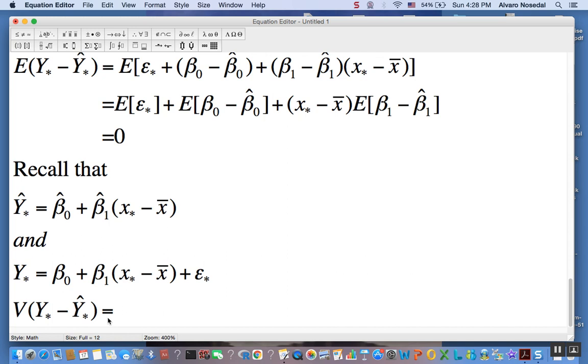So in that case, we have the variance of a sum, basically, right? You have something like this. It's the same as this.